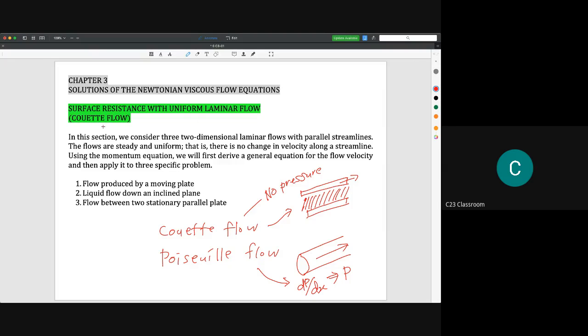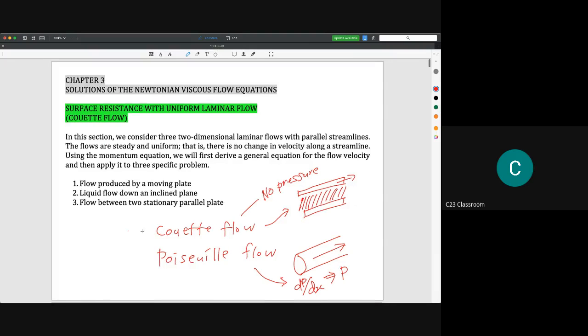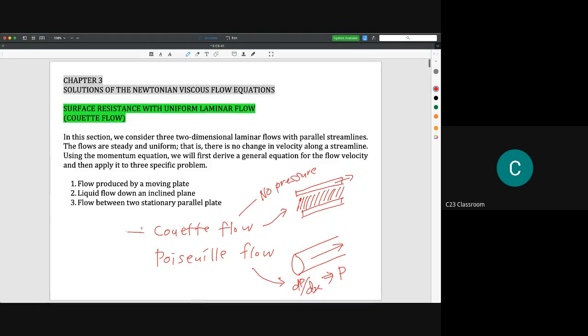So in this section, we will focus on Couette flow. We are focusing on these three situations. First, the flow produced by a moving plate, which means that one of the plates will move with a certain velocity. Another one is the liquid flowing down an inclined plane, meaning we have two plates like this, and the fluid between these plates is flowing down.